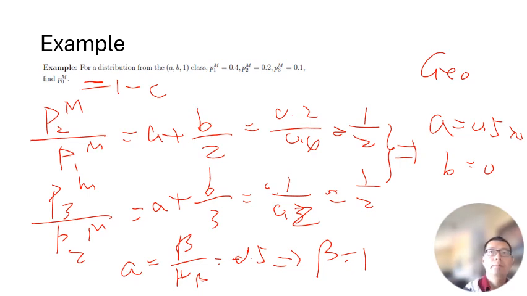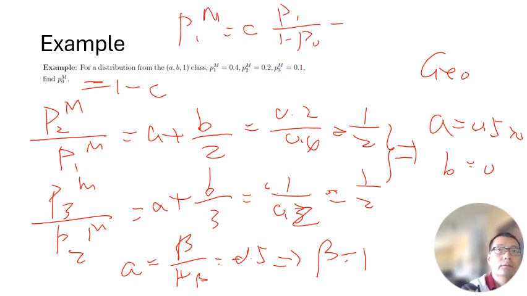Now P1M will be equal to C times P1 over 1 minus P0, which is 0.4, but we know P0 is 1 over 1 plus beta, which will be half.